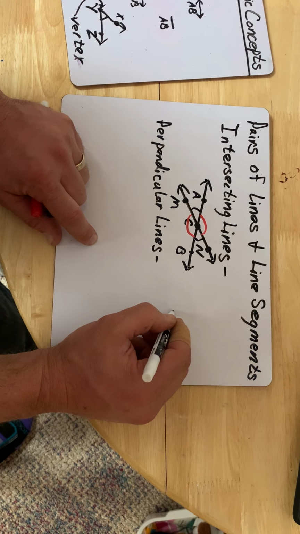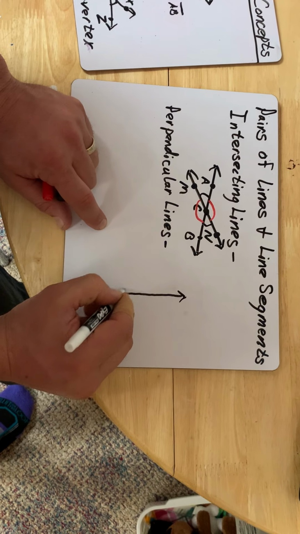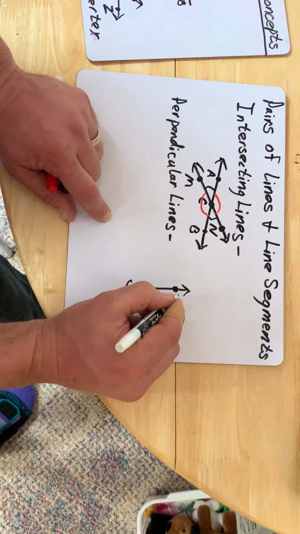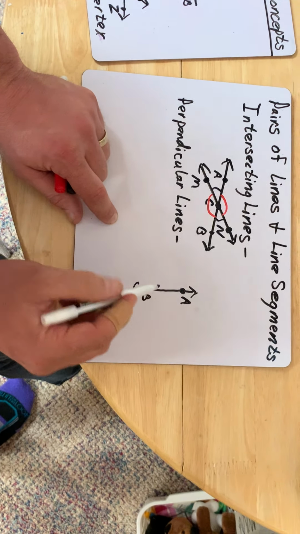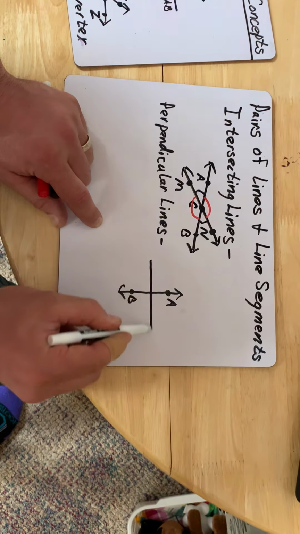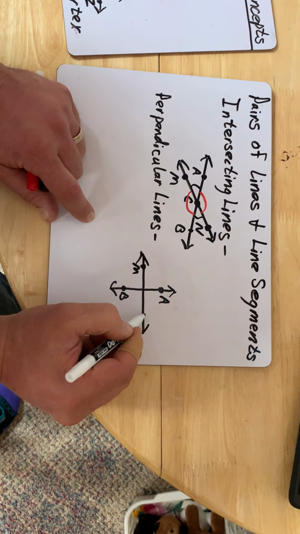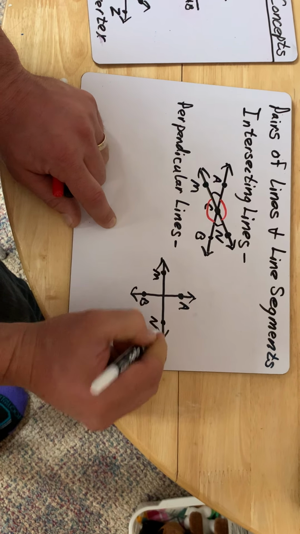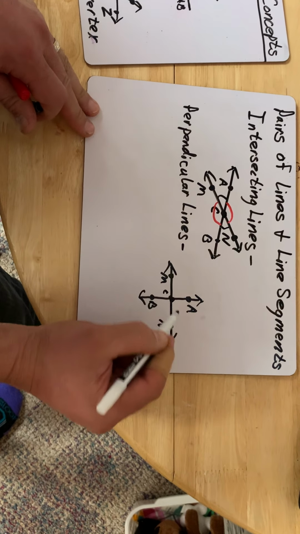So let's just take line AB, and line MN. All right, so there's our same pair of lines. And let's call this intersection point, point C again.